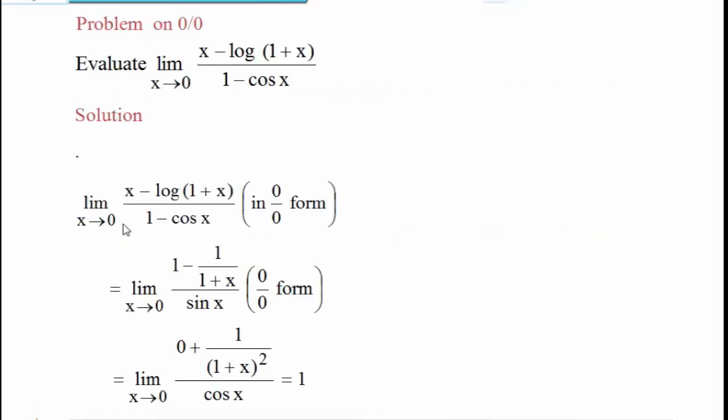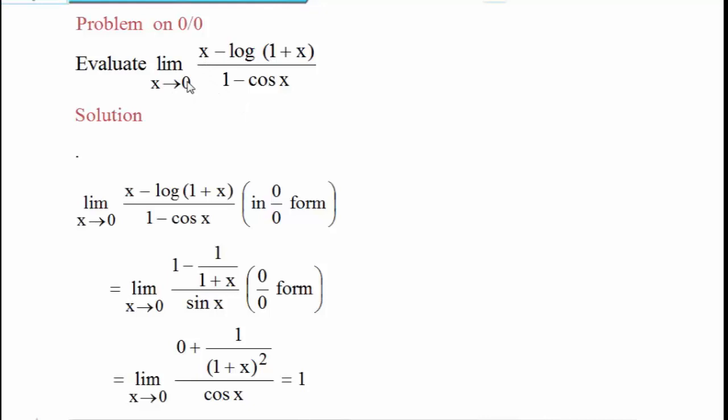Now we will take a problem on this. We have been given a problem: find the limit of some function f of x divided by g of x. To evaluate the limit, we have to check whether this limit has a finite value or not. First of all, we have to check the form of this problem by replacing x by a.